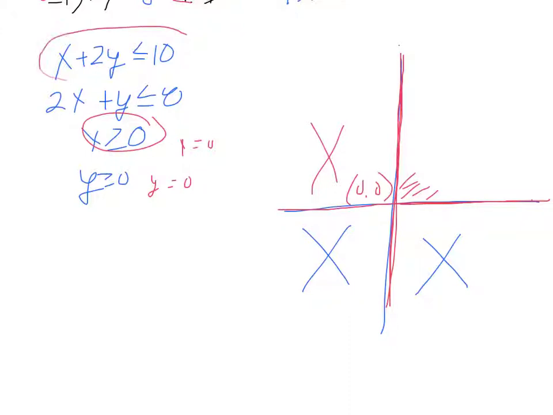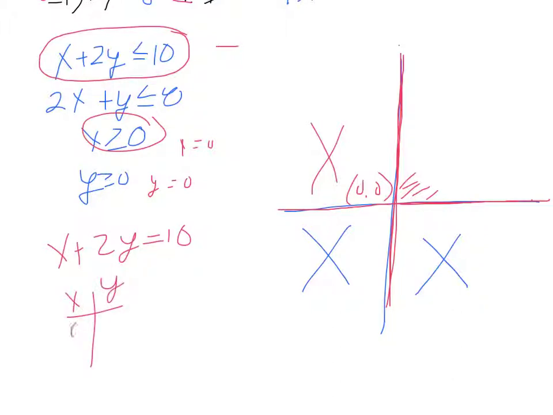Now we need to find the graph of that line, which we'll go ahead and do, because we have less than or equal to, we want a solid line. So we have x plus 2y equals 10. Generally for this, I just put zeros in. If I cover up the x, we have 2y equals 10.